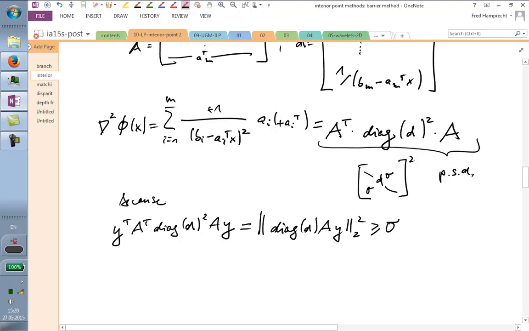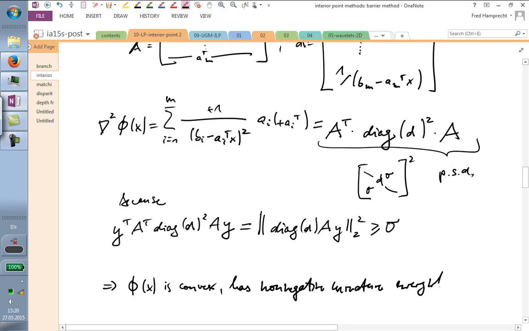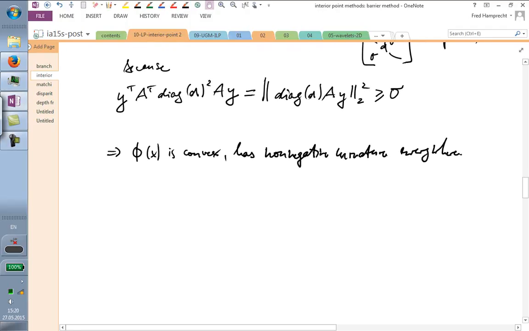So we have a curvature that is always 0 or larger than 0, and this means that our potential function phi is convex, because it has non-negative curvature everywhere.